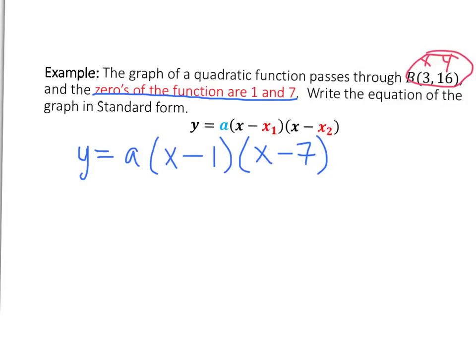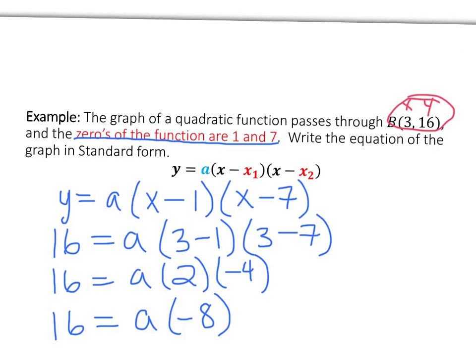Now I still have a y and an a and an x, so there's still more stuff I need to plug in. The next thing we're going to do is take this 3 and put it in place of the x's here and here. And we're going to take the 16 and place it right here where the y is. And then we're going to see that we're just left with an equation with an a that we have to solve for.